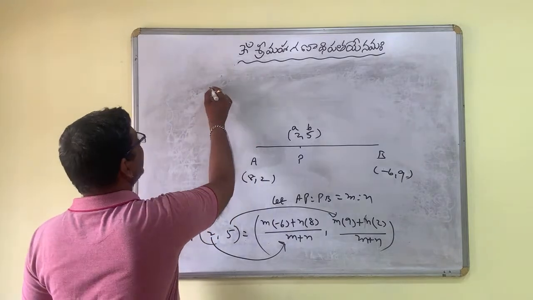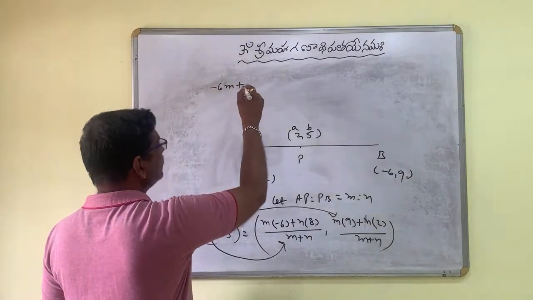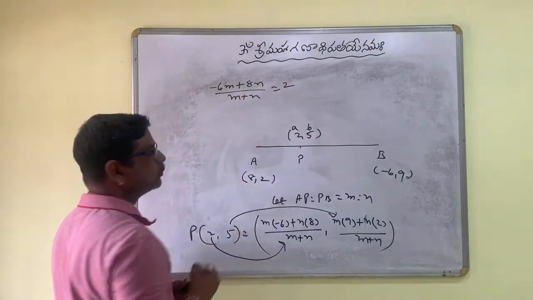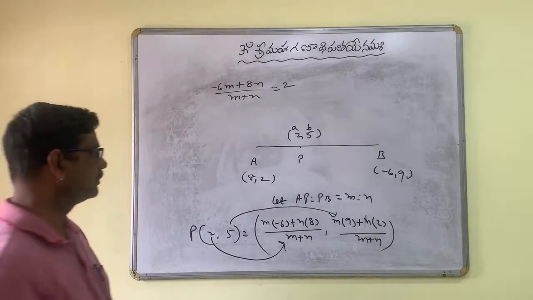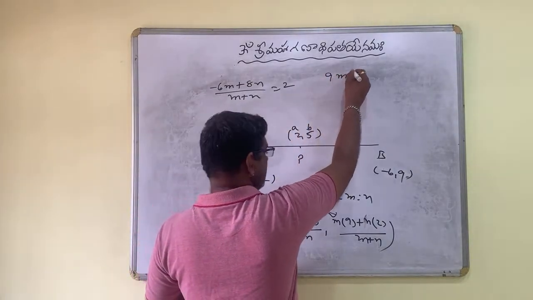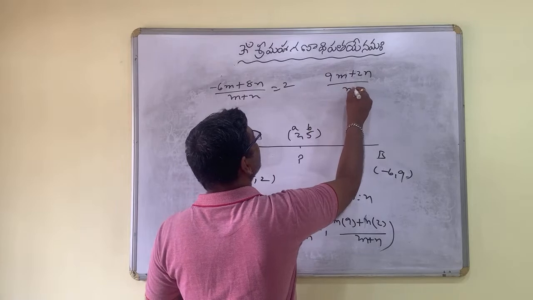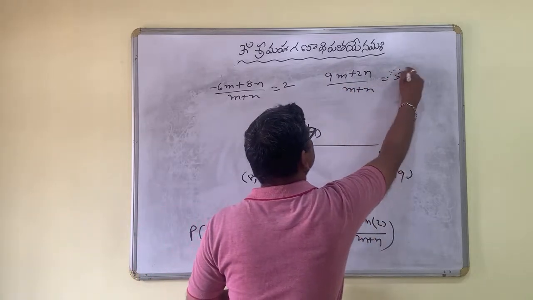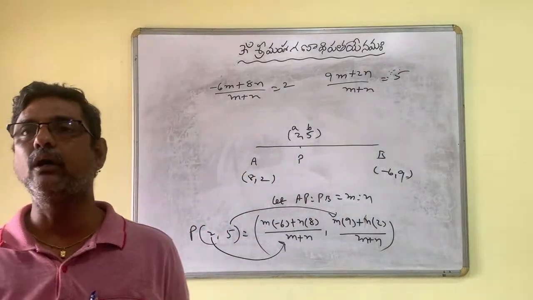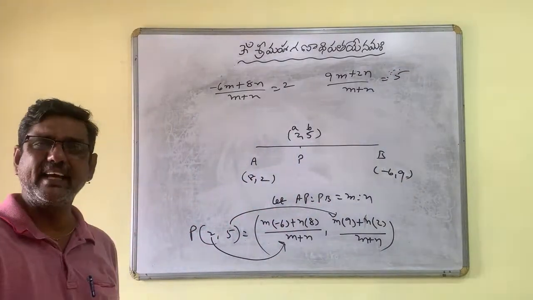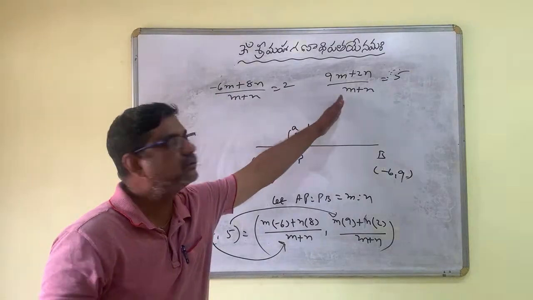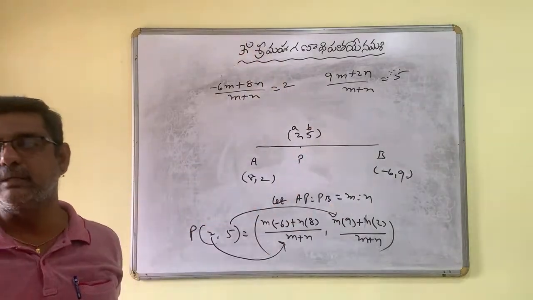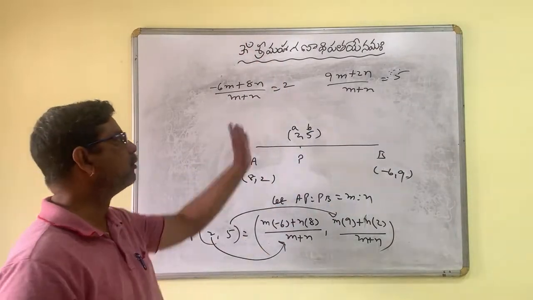So minus 6m plus 8n by m plus n is equal to 2. 9m plus 2n by m plus n is equal to 5. Is it necessary to simplify both? Not needed. You can simplify one. You will get the ratio. Both are not necessary.